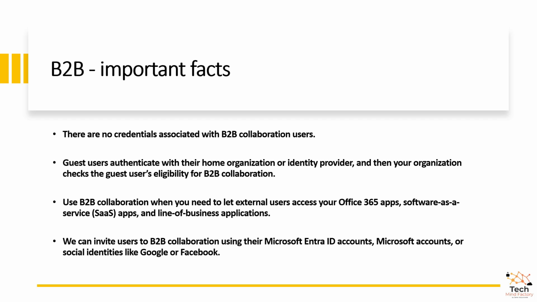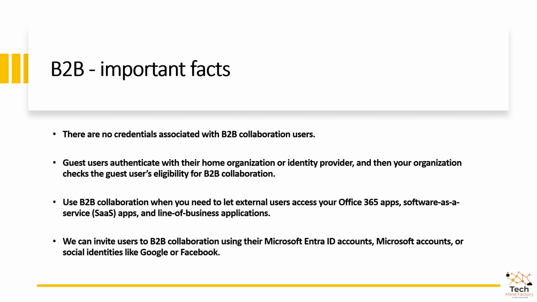But for scenarios where I want to enable external users to register themselves as guest users in my tenant, I can enable user flows under external identities in my workforce Entra ID tenant. Then those users will be able to sign up and use, for instance, Google or Facebook, and then they will be able to access my line of business applications.